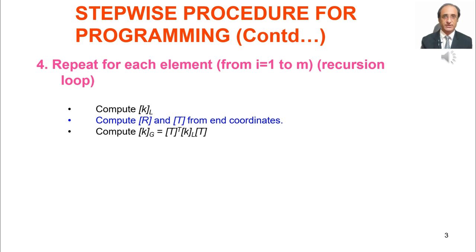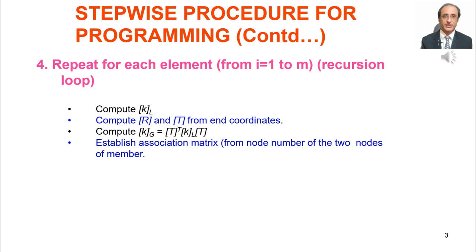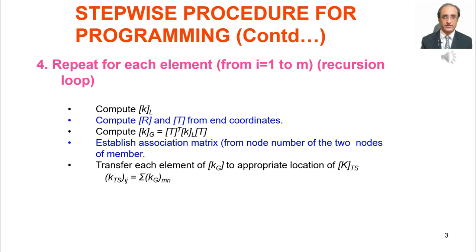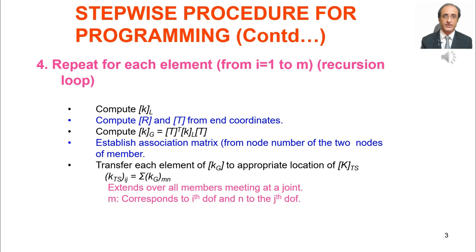Then from the joint information, we establish the association matrix of the member, and once the association matrix is there, we can relate each member degree of freedom to the structural degree of freedom, and thus we can transfer all the 36 elements to the appropriate locations of the total structural stiffness matrix. So this is something like we are superimposing the individual stiffness matrices of the members. So this is represented by this kind of sum.